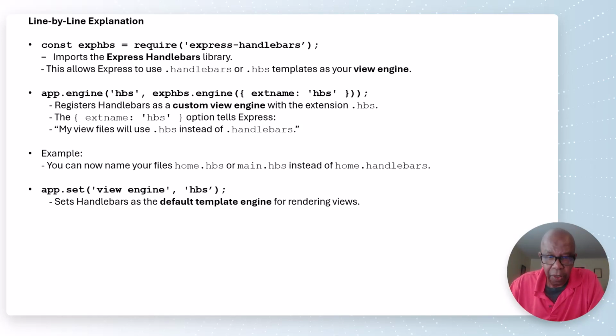We do a lot of this in JavaScript, enabling content within various pieces. Example, you can now name files home.hbs, main.hbs, instead of home.handlebars. So basically what we're doing is we're taking the HBS view and setting handlebars as the default template.